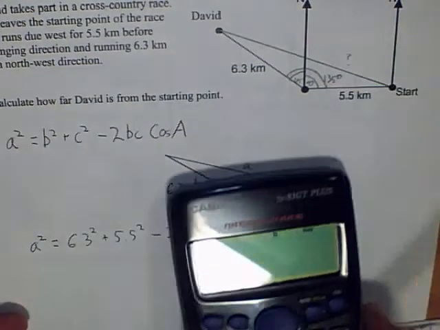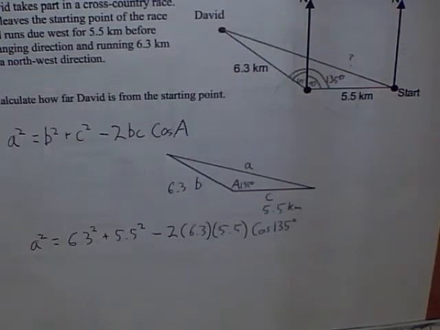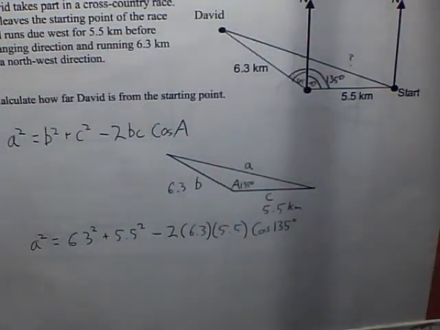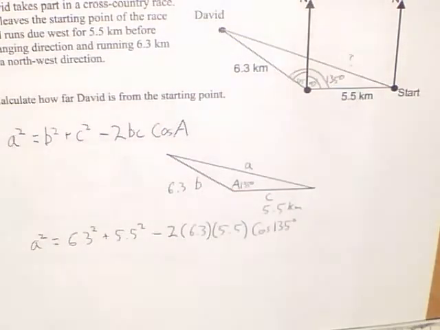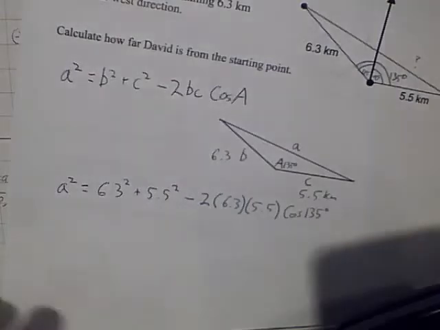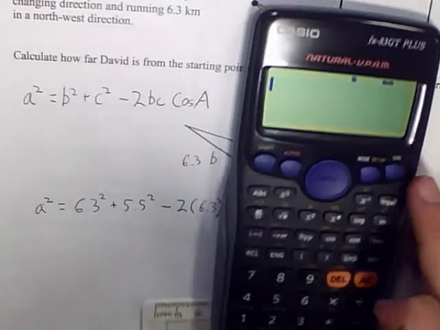I would recommend, if you do this, that you maybe go back and check your working out by doing each one individually, but I'm going to put them all in together to start with. So, I'll try that with my calculator, see if I can get it right.